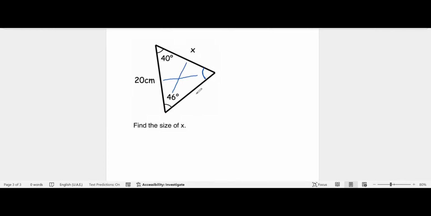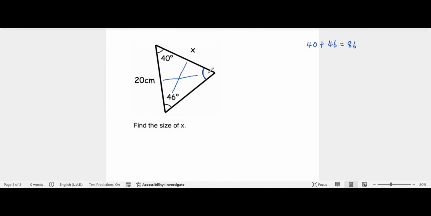How? By using the property of triangles. We know that all the angles in a triangle should add up to give you 180. So to get this angle, what you need to do is add these two angles, 40 and 46. That will give you 86.